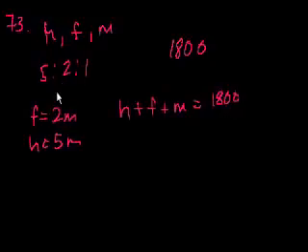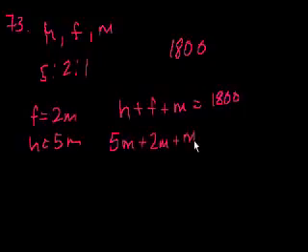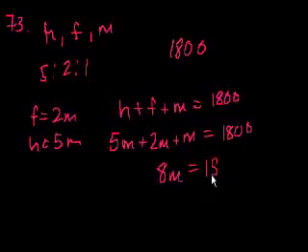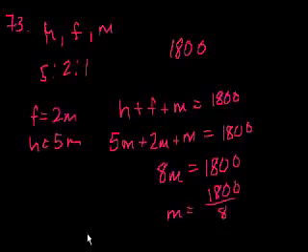Let's substitute that in. 5 times miscellaneous plus 2 times miscellaneous plus miscellaneous is equal to 1,800. 5 plus 2 is 7, plus 1 is 8. So 8 times miscellaneous is equal to 1,800, and so M is equal to 1,800 over 8.